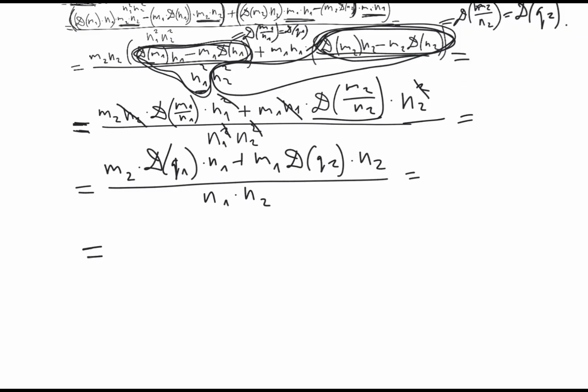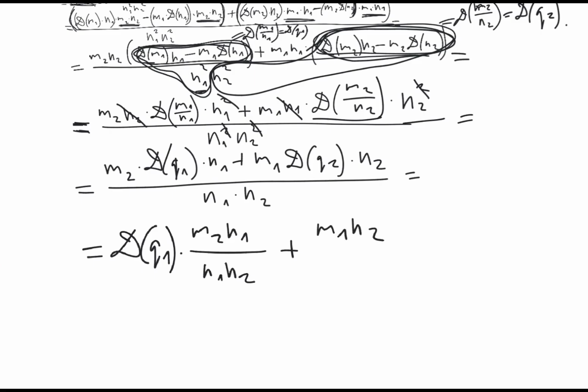So this is equal to, so now we write it separately. So d of q1, what remains here is n1 n2, m2 n1 plus m1 n2, over n1 n2, multiplied by d of q2, right?